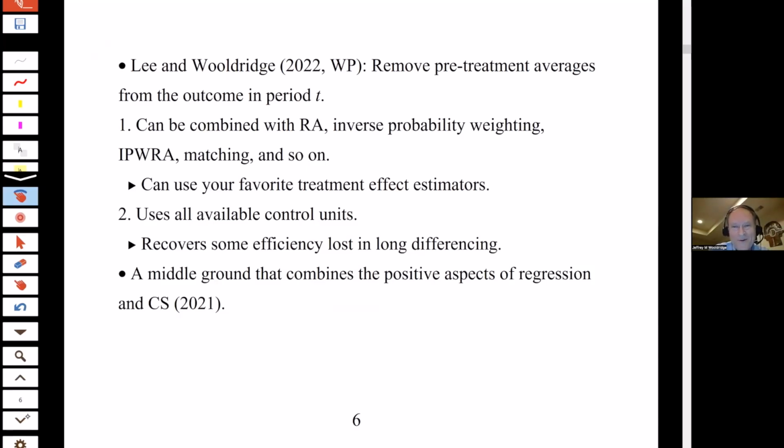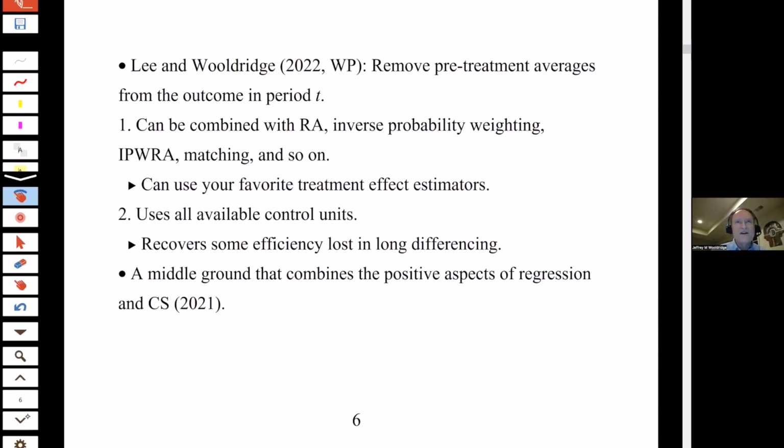It's been in my court for a little while, but there should be a version we'll be distributing soon, is we remove pre-treatment averages from the outcome in period T. So I'm going to show you the equations for this, but the idea is really just a variation on the Callaway Sant'Anna approach, except that we're looking at using all possible control units and averaging them for any cohort in any time period.